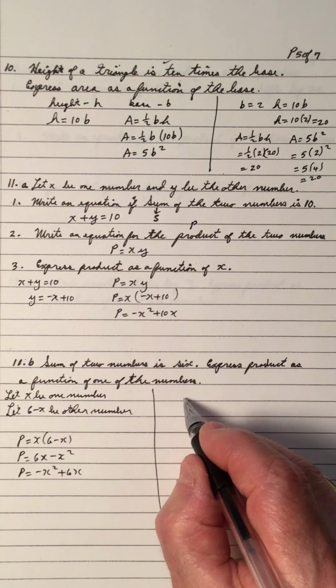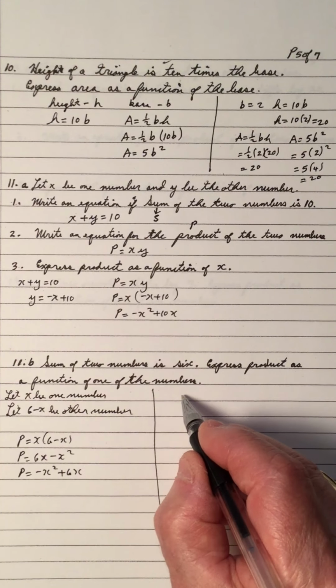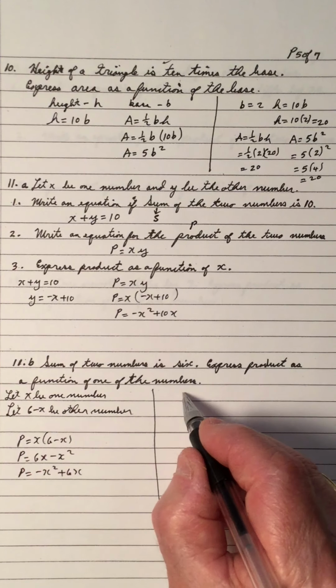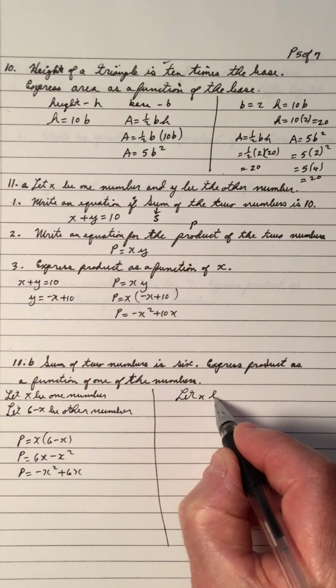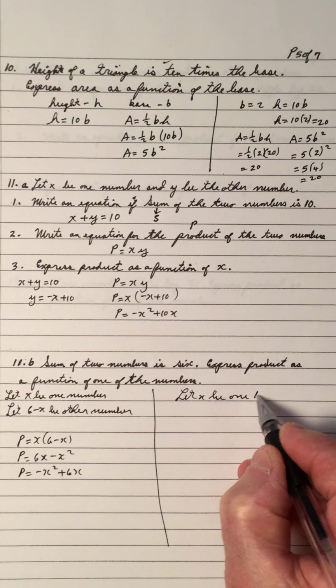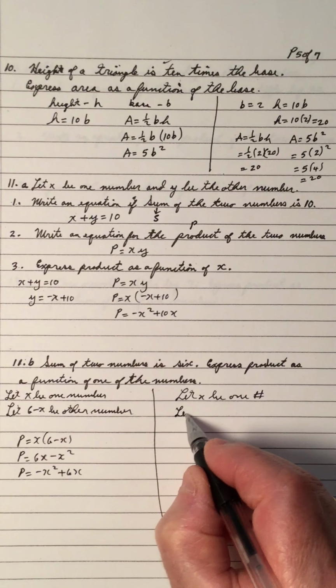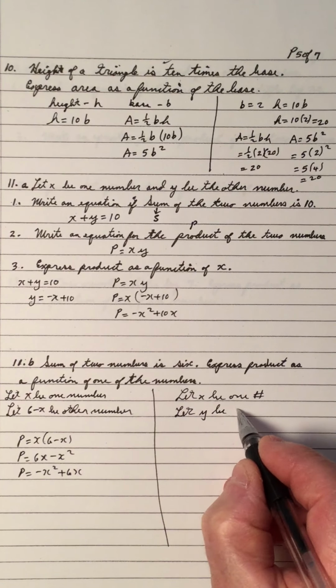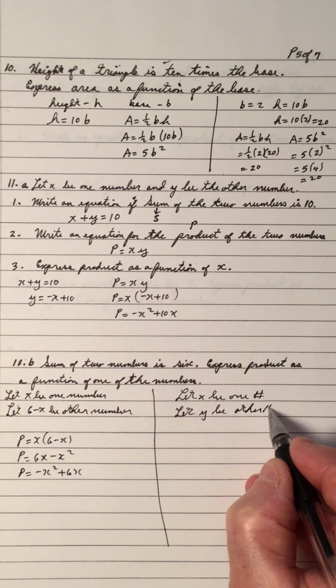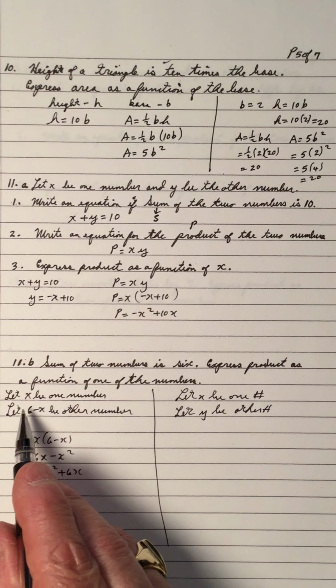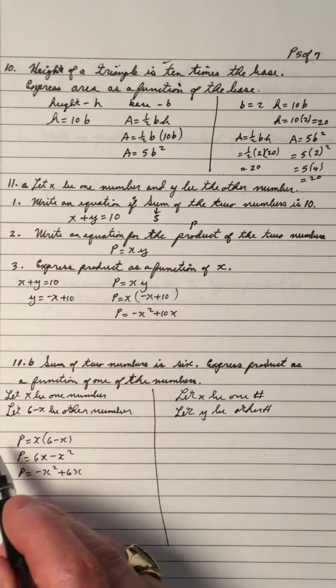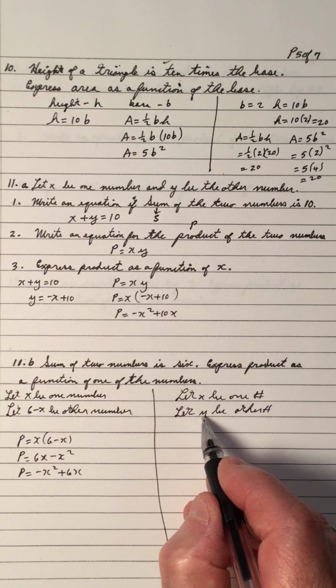Another way to do that is if you say let x be one number, and you could let y be the other number. Here I use x and 6 minus x. Here I'm using x and y.